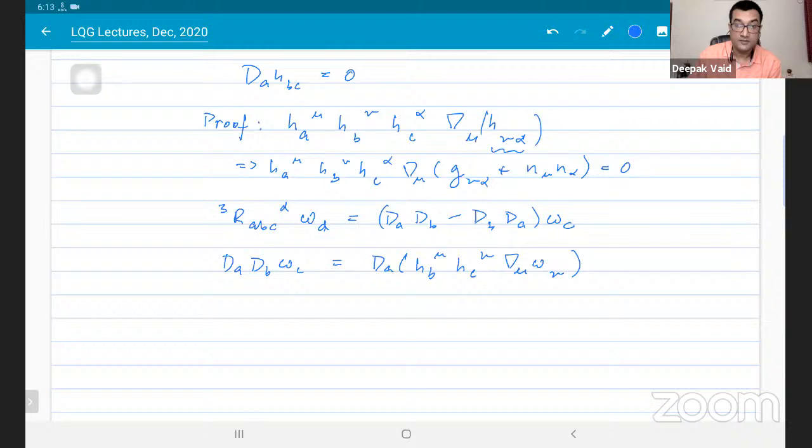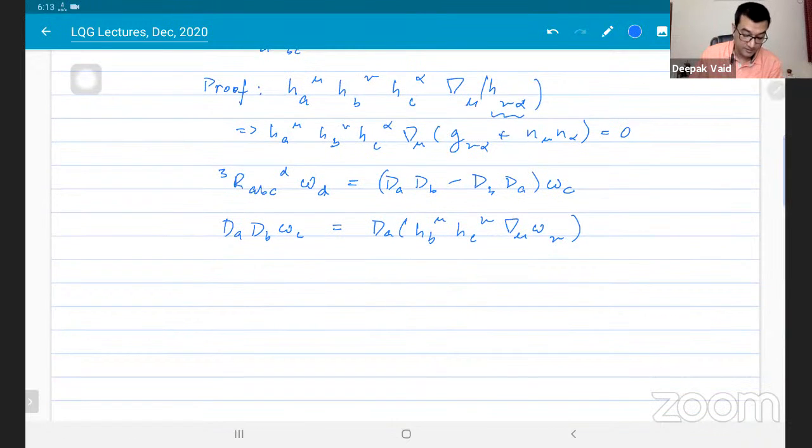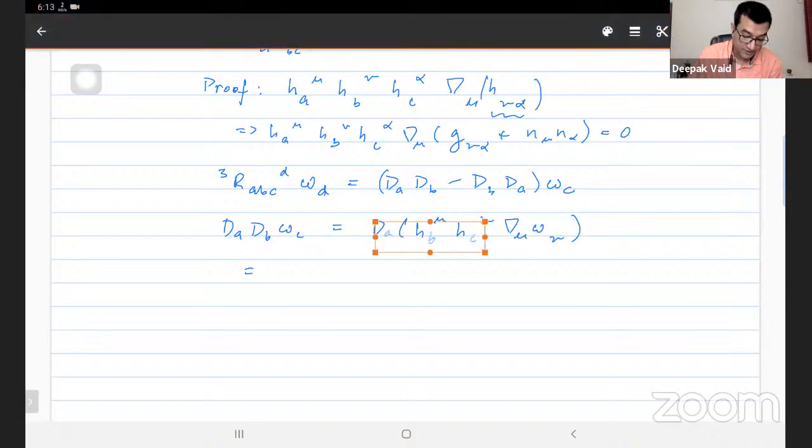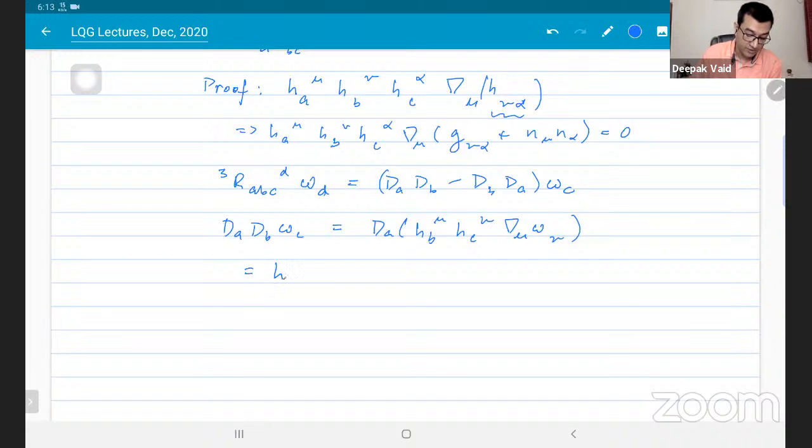And then, of course, we have to project this one also, so we get a whole bunch of indices. We have to take these 3 indices and project them down, so we get 3 other factors of h.